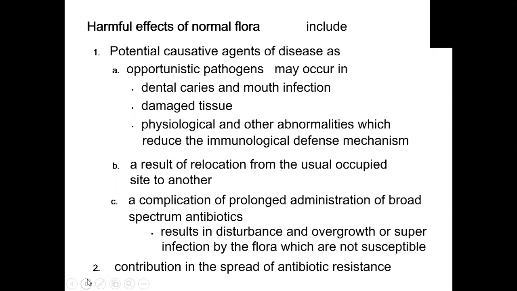And the examples of disease causation as opportunistic pathogens, some are seen in the mouth. We say there are very many organisms in the mouth. So some affect the teeth, some affect the mucosal surfaces and the gum, depending on the predisposing factor.